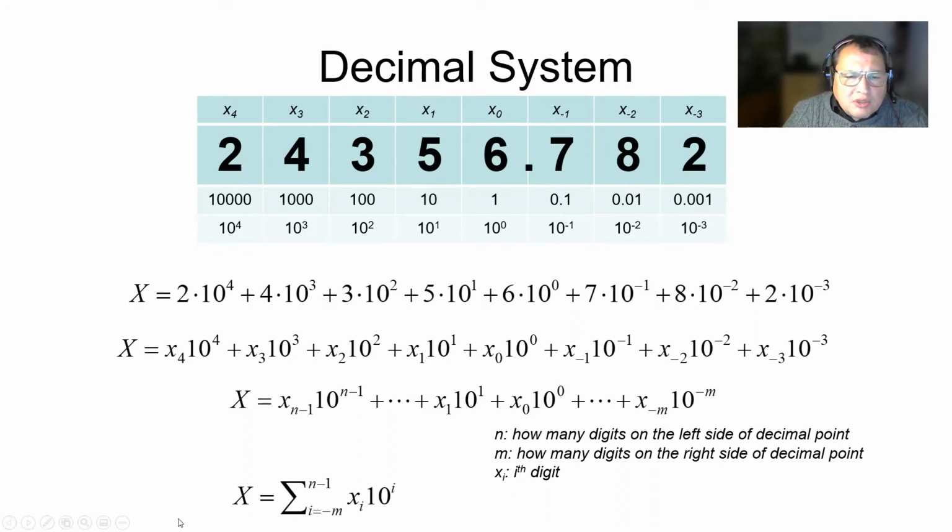Each of these components is built like in this formula here, xi times 10 to the power i. And this i will change across various components of this sum, starting from minus m to n minus 1.